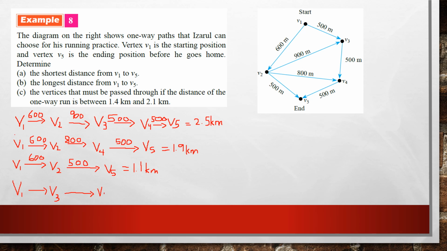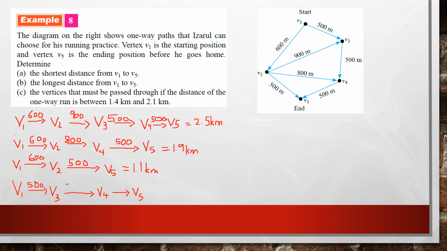Then from V4, you can reach V5. This is another way. So from V1 to V3, you refer to the graph given, it is 500.